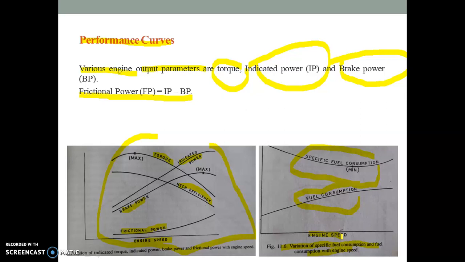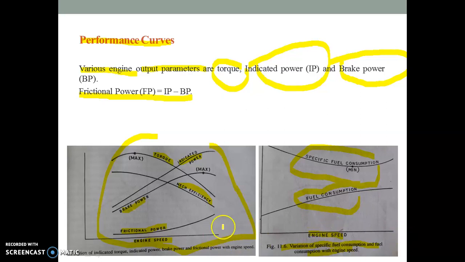It is seen that the SFC, specific fuel consumption, that is fuel consumed per kilowatt hour, decreases at first and reaches some minimum value, after which it again rises. Thus the best engine speed is the one corresponding to minimum specific fuel consumption, where we get power at lowest expenses.